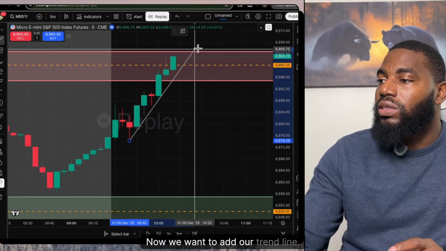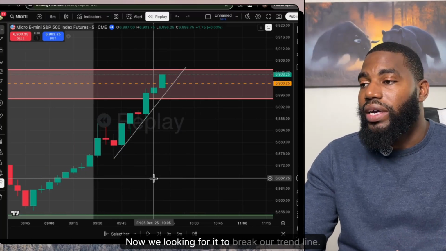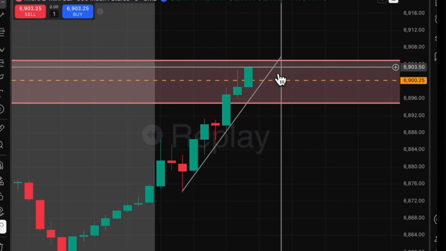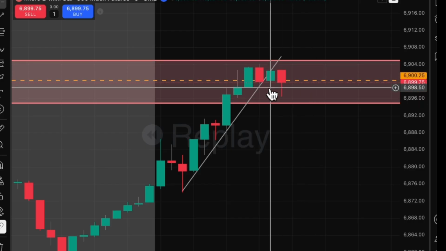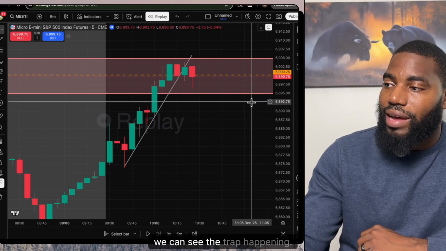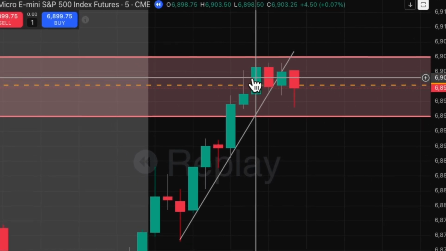Now we want to add our trend line. We've got our trend line there. Now we're looking for it to break our trend line. That's the second step. So let's see what happens here. Boom. Trend line breaks. As you can see on this candle here, we can see the trap happening. This candle, we have another exhaustion candle here.